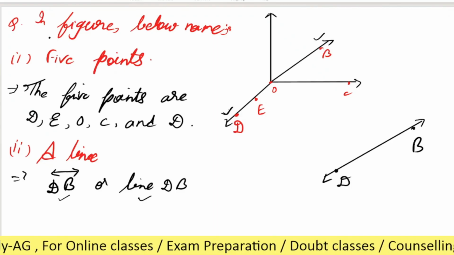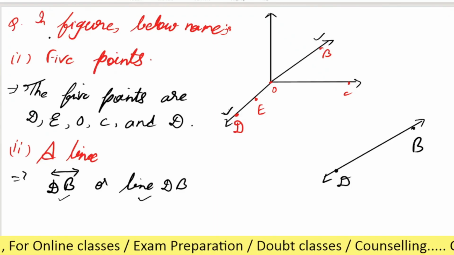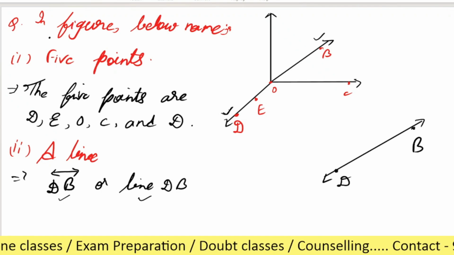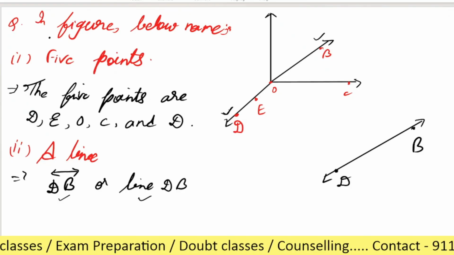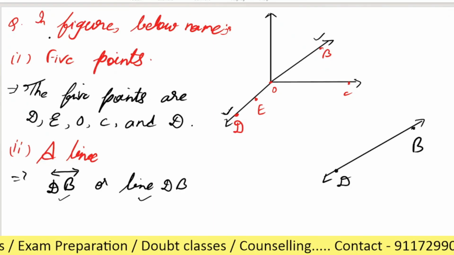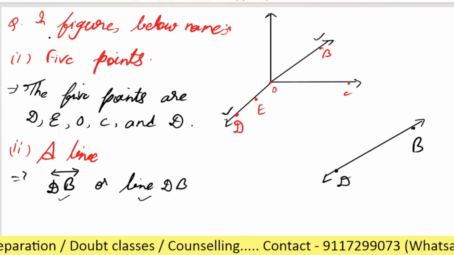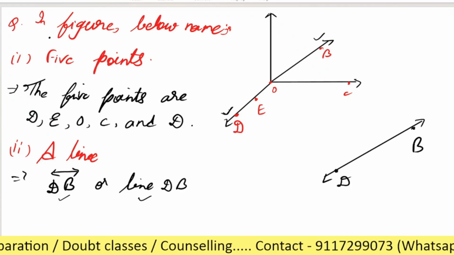What do you know about a ray? A ray has only one endpoint, the other end can stretch till infinity. Very good. So what are the rays we can say here?